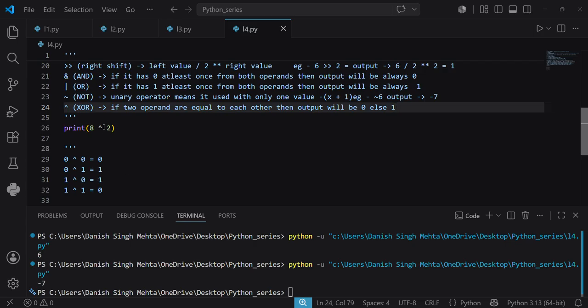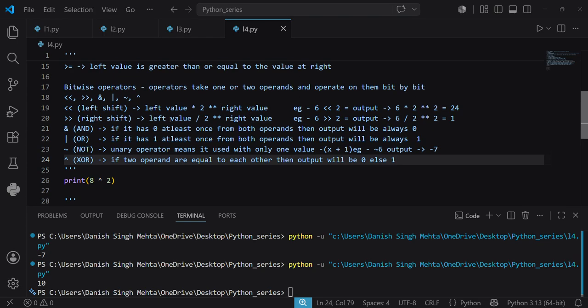So if I do 8 XOR 2, it will become 10. The bits of 8 and 2 will be compared together and the XOR operation performed, and then the final answer will be 10.